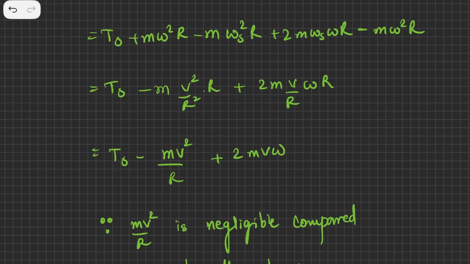Lastly, if you see, I can cancel out one r from here and one r from here, so what remains is 2 m v omega, and here what remains is m v square by r.